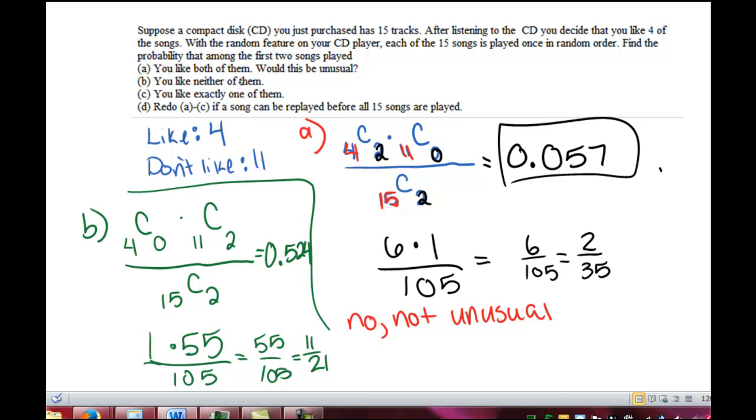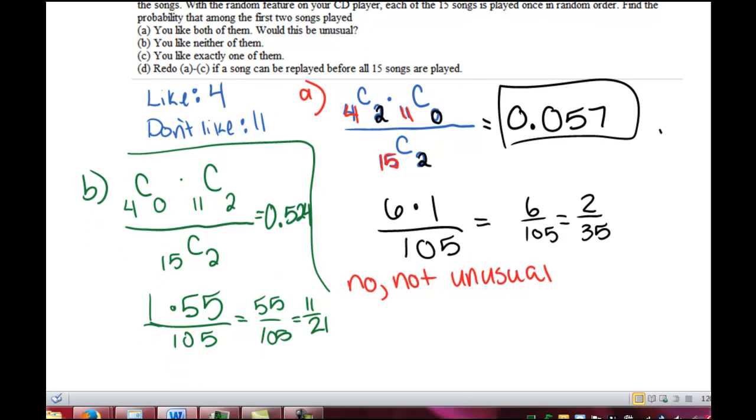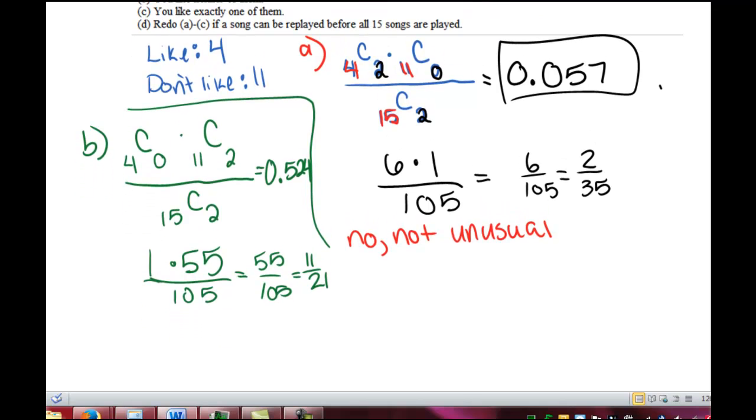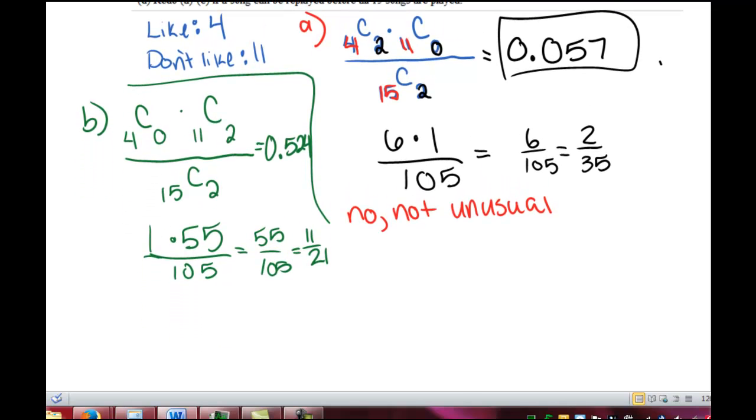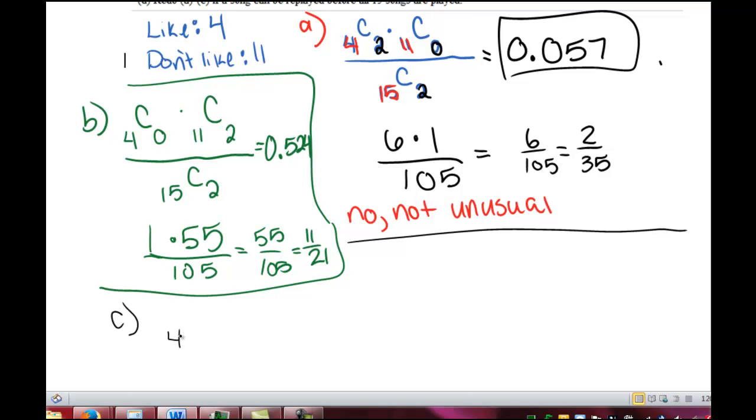Okay, now let's look at part C. For part C, it's asking that we like exactly one of the songs. So this is assuming we like one and that we do not like one. So out of the 4 that we like, we're hoping to choose one, and of the 11 that we do not like, we're hoping to choose one.